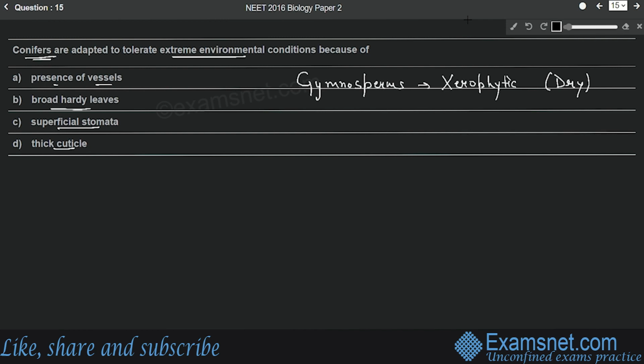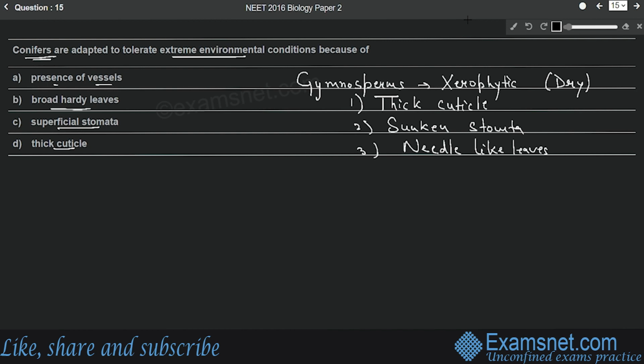For example, they have thick cuticles. Then they have sunken stomata. Then they have needle-like leaves. So how do they help? Needle-like leaves means they don't have a broad leaf, and through the leaf the water is evaporated.